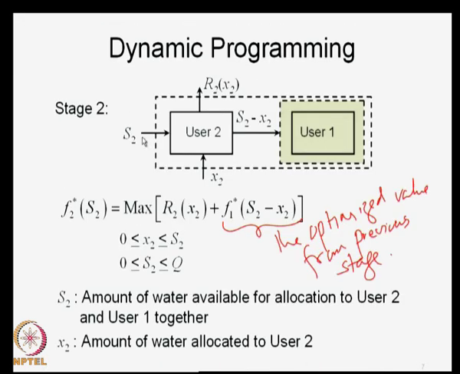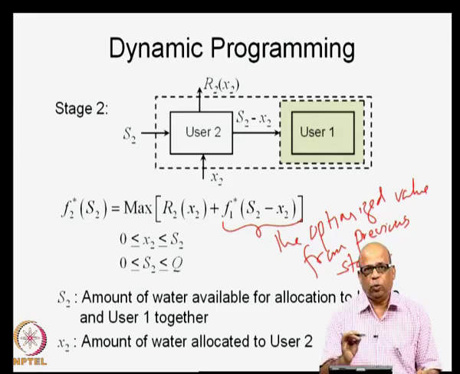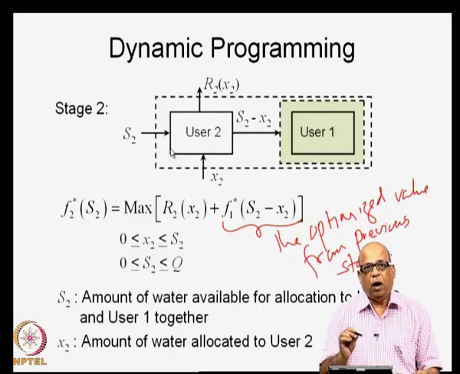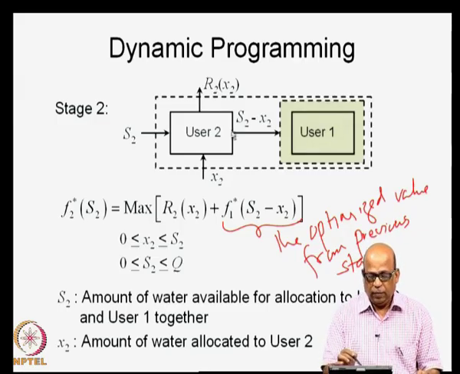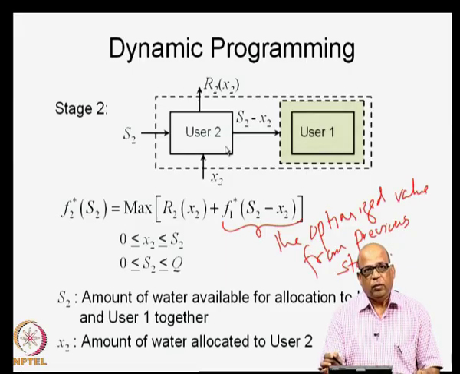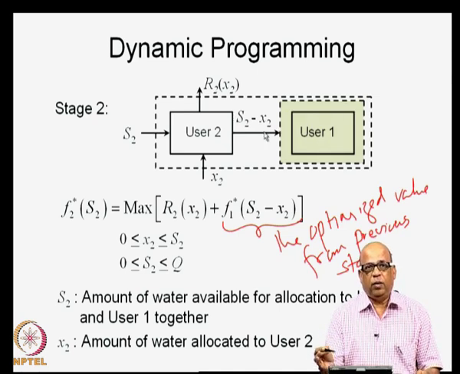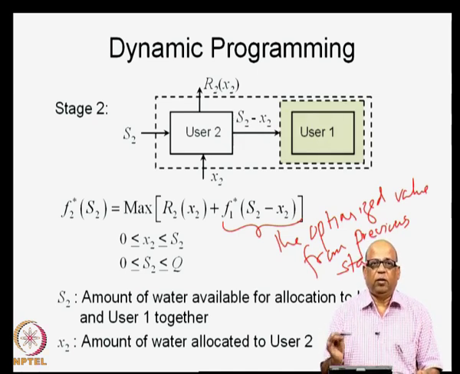We answered the question: given S2, which is the amount of water available to be allocated to both user number 1 and user number 2 together, how much should I allocate to x2 such that the total return obtained from the immediate allocation x2 to user number 2, plus the optimized return accruing out of the resultant state S2 minus x2 at stage number 1, these two together will be optimized.